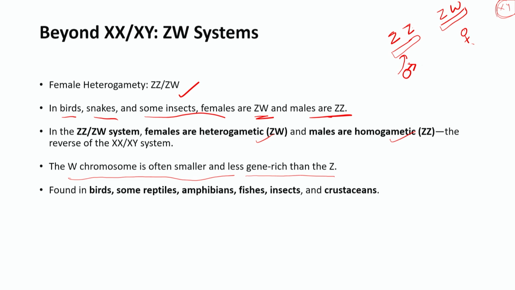And the bird that we can remember easily is our peacock, right? So this is the peacock, a very common, beautiful peacock which follows this system. And other than birds, reptiles also follow this system, as do amphibians, some fishes, insects and crustaceans.